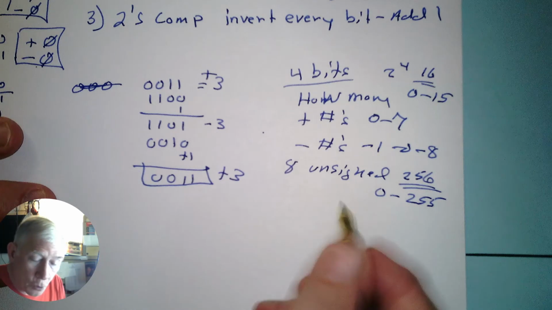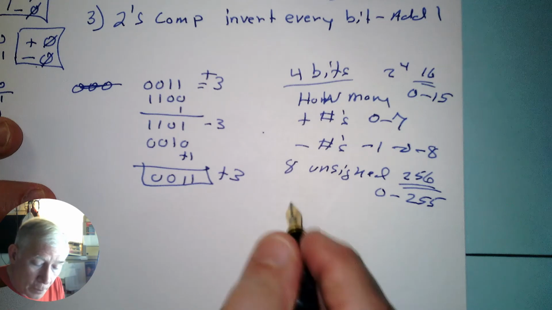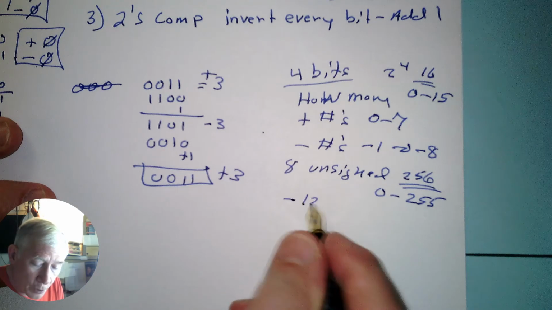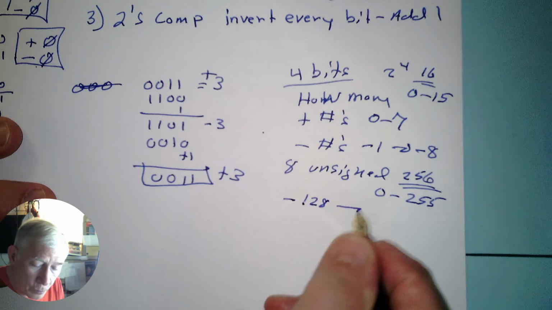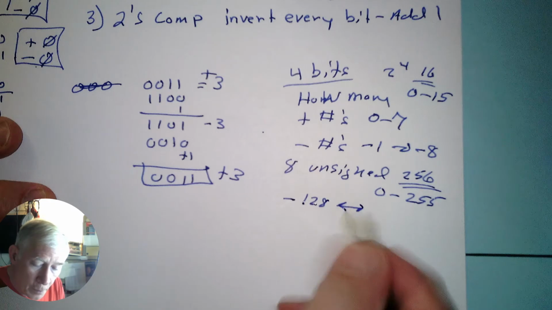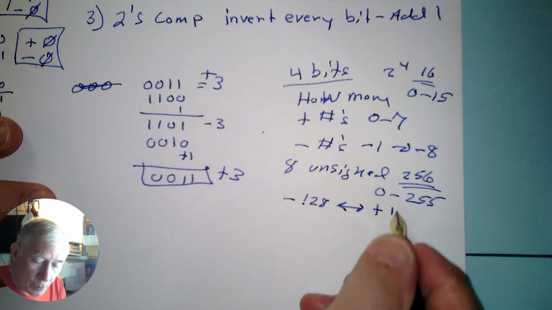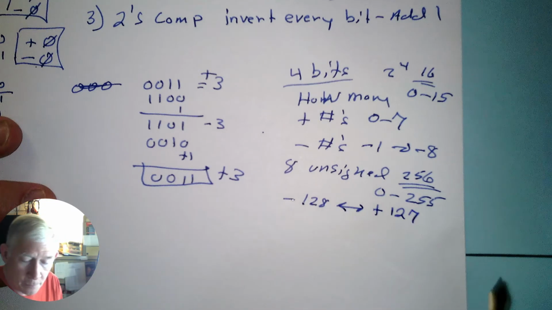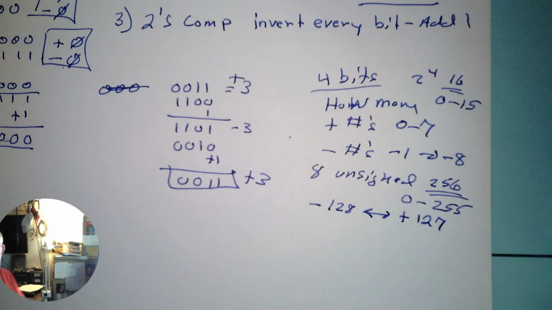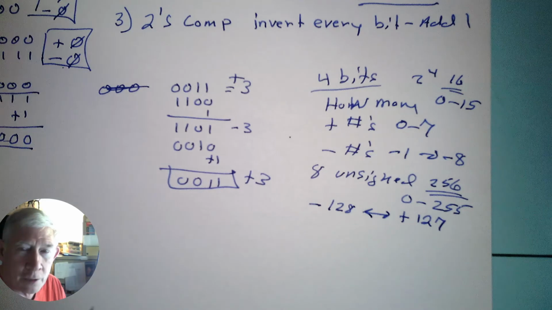Well, we can go from -128 all the way to +127. We still have 128 positive numbers and 128 negative numbers. But our negative numbers start at -1 and our positive numbers start at 0.